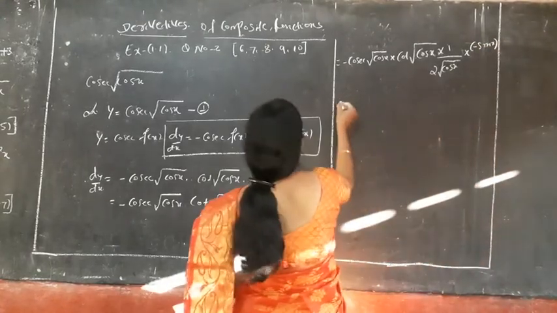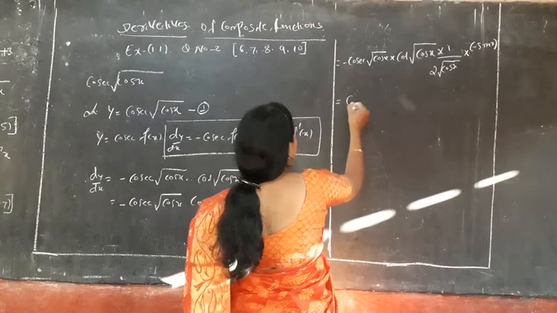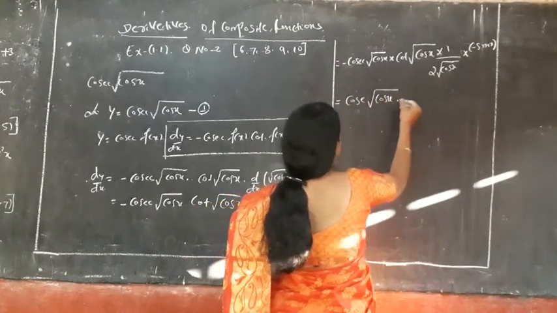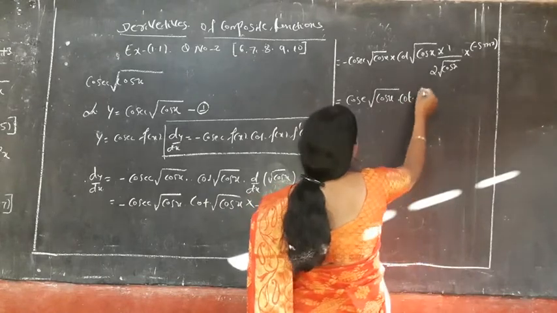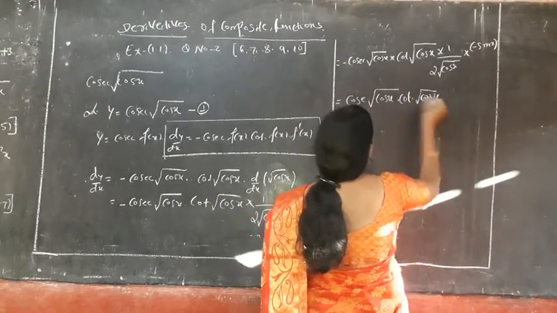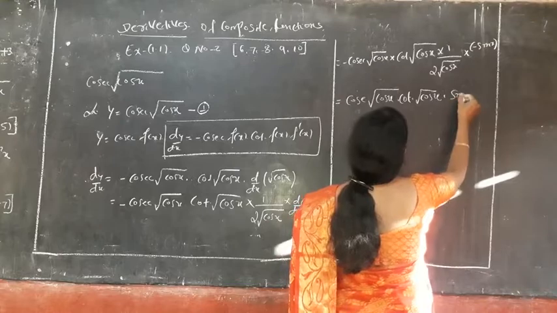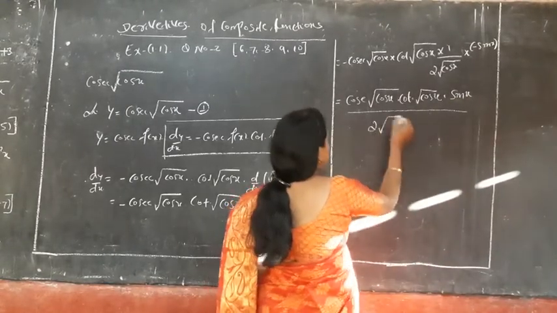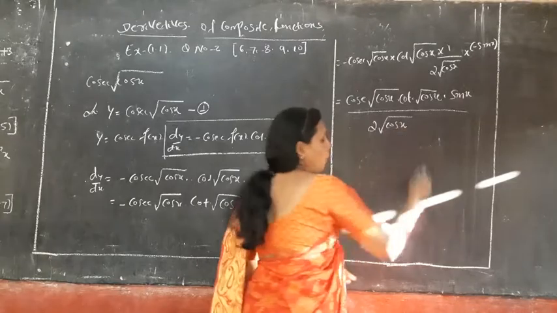So minus into minus becomes plus: cosec root cos x cot root cos x into sin x divided by 2 square root of cos x.